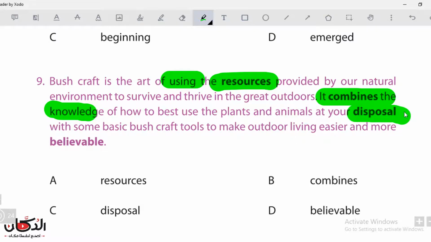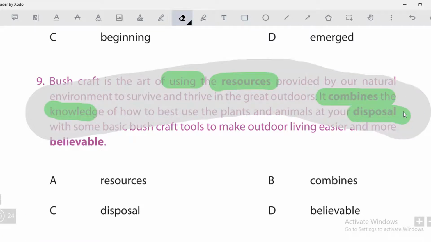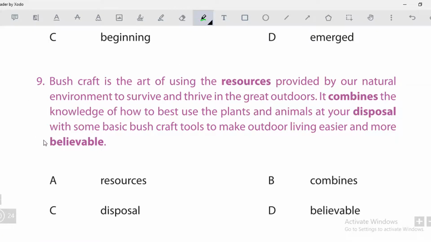Here, disposal means that you can make use of them. It's okay. But move to the last one. Okay, tools to make outdoor living easier and more believable. How can you make your living easier and believable? So the wrong answer here is believable.